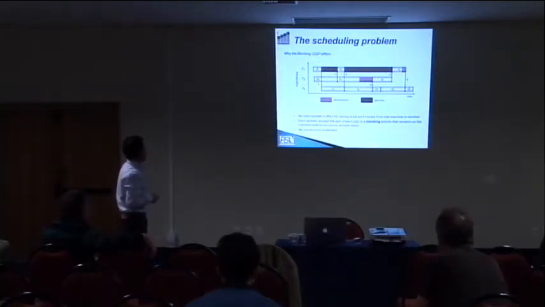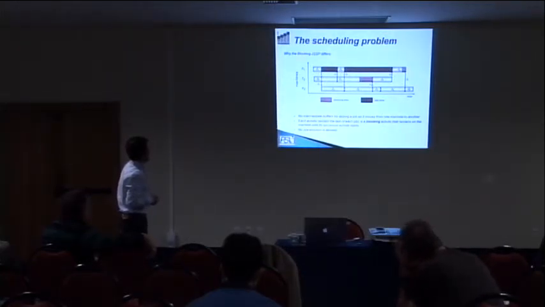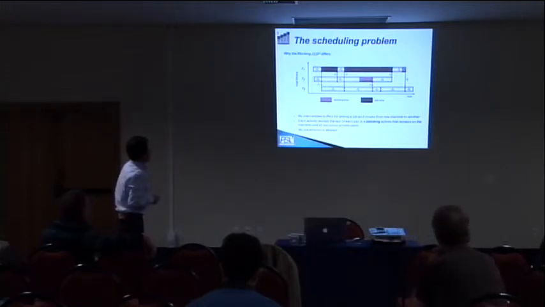Here we have job 1, which starts from machine R1, goes to machine R3, and then R1. Job 2 starts from machine R2, goes to machine R1, and next goes to machine R3. And J3, for example, starts from machine R2, goes to machine R3, and stops.